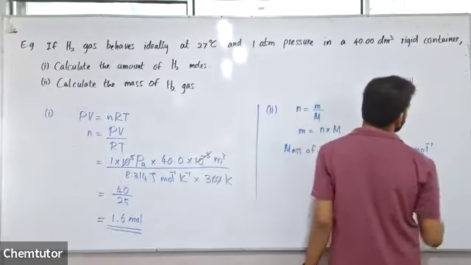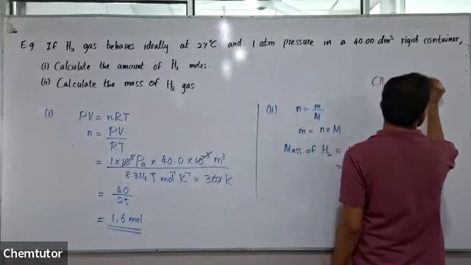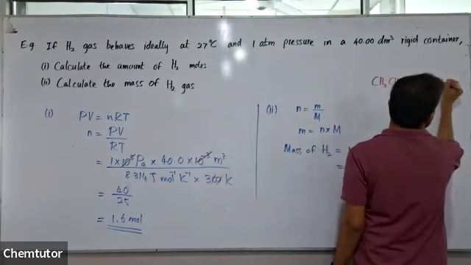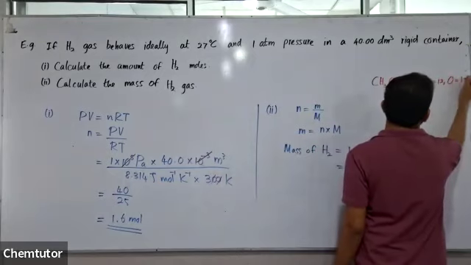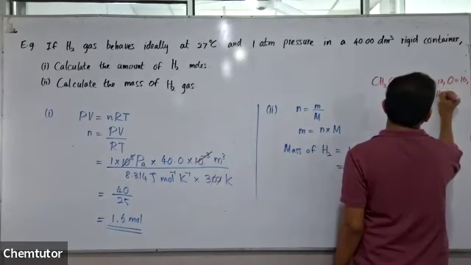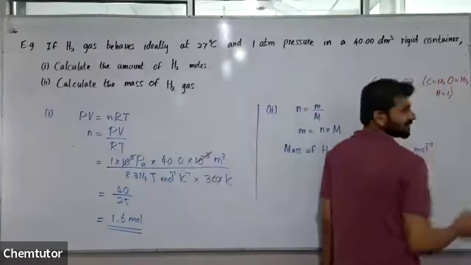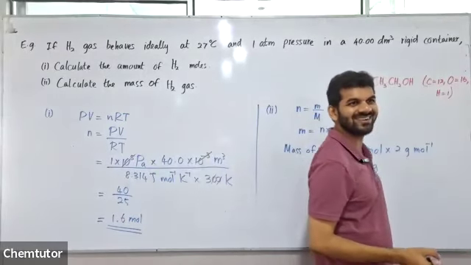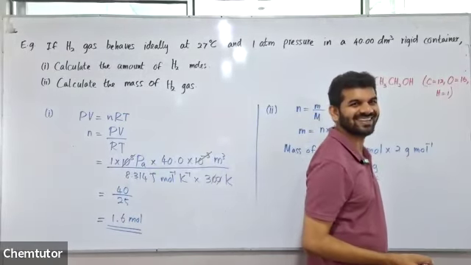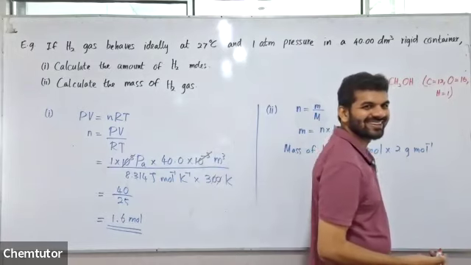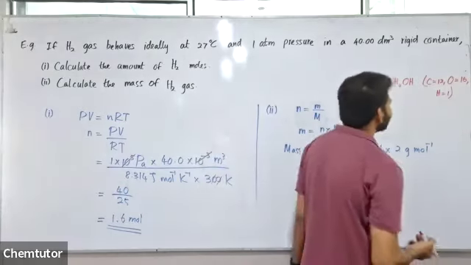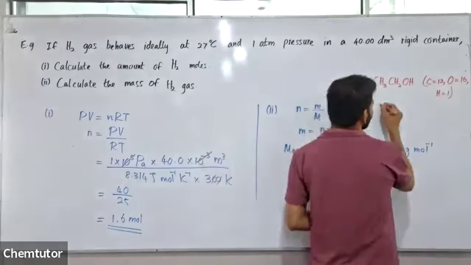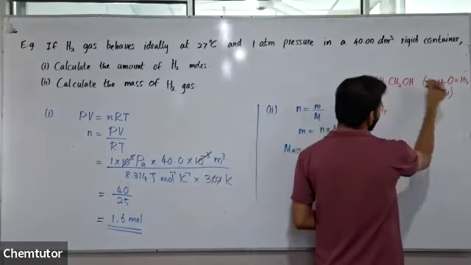The relative atomic mass of carbon is 12, oxygen is 16, and hydrogen is 1. It was a slight miscalculation on my part. So the relative molecular mass can be found by finding this.